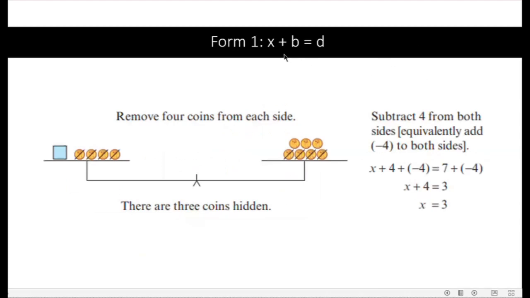And for form 1 again, we have x plus b equals d. Remove 4 coins from each side. On the left and right scale, we remove the 4 coins. So there are 3 coins hidden.